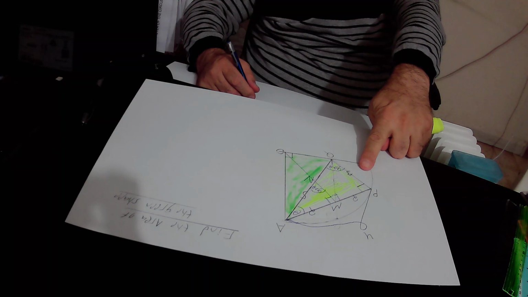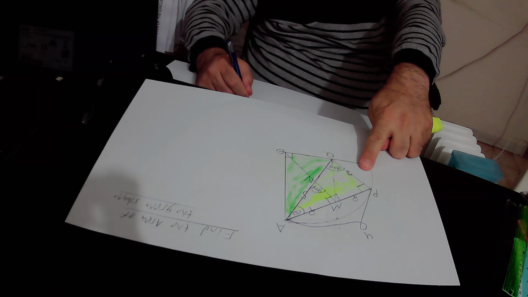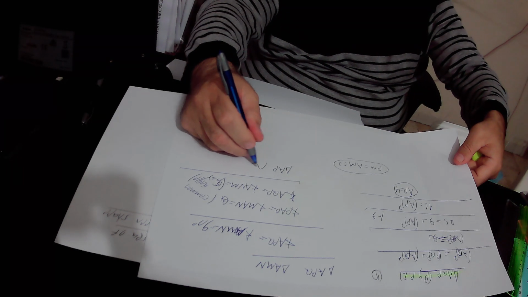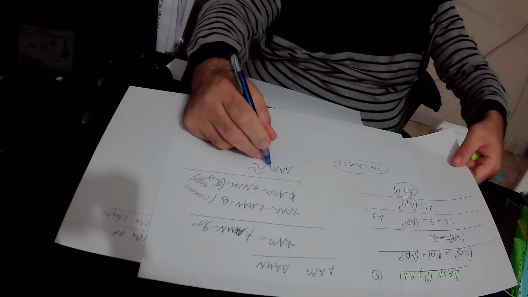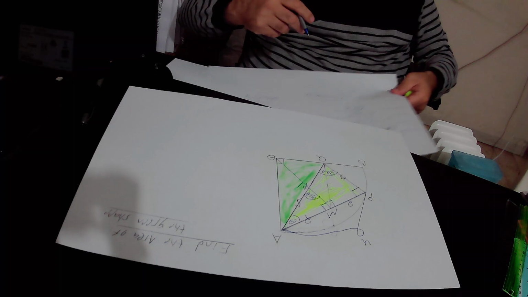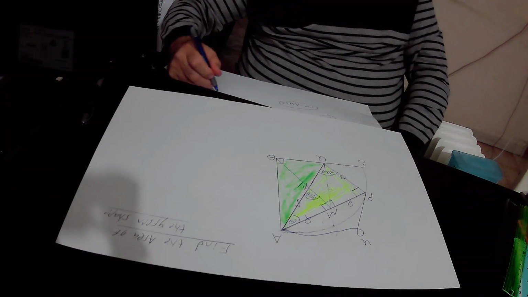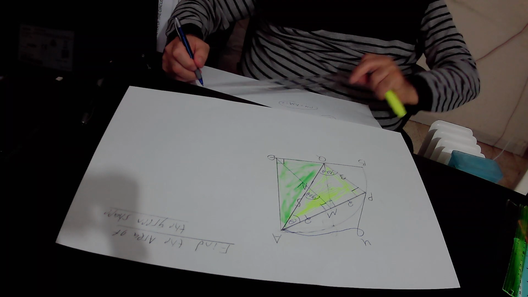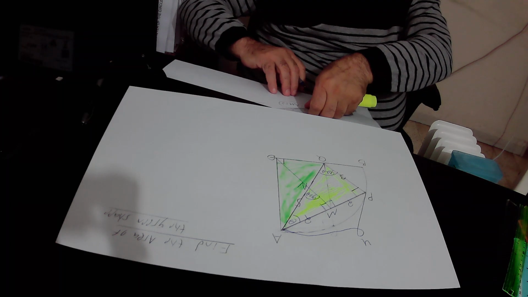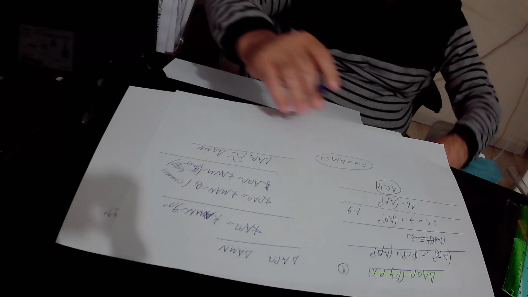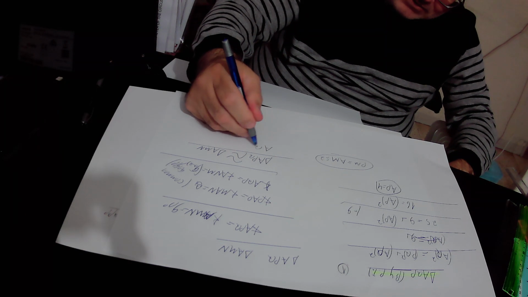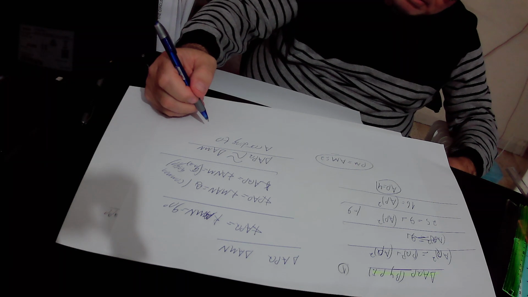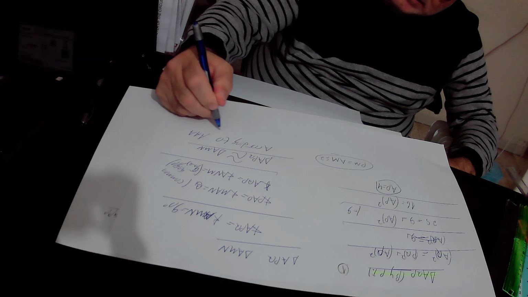Therefore, we succeeded in proving that the big right yellow triangle APQ is similar to the right triangle AMN, according to the angle similarity rule.